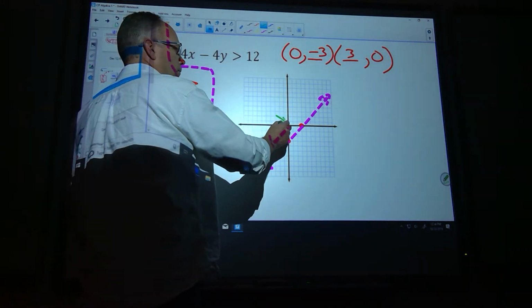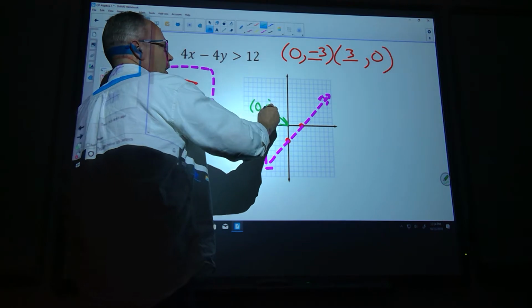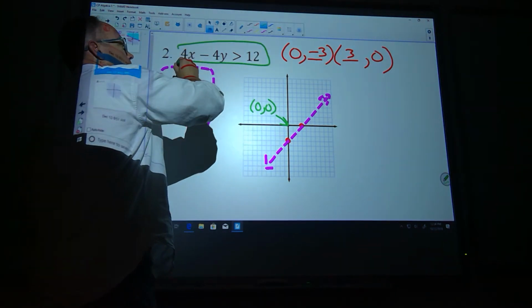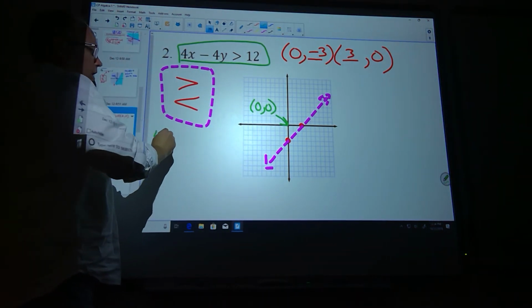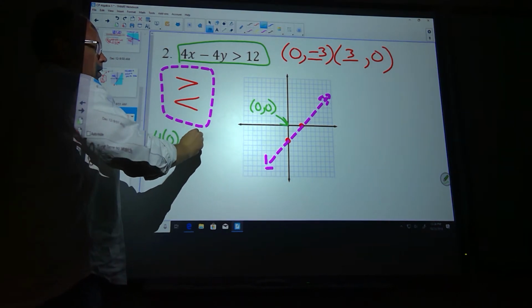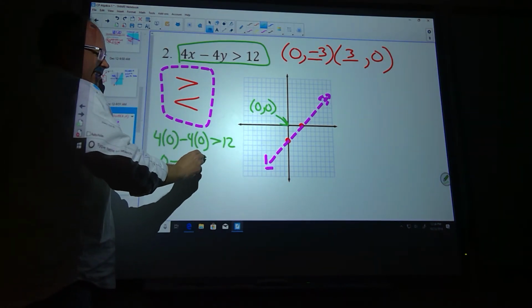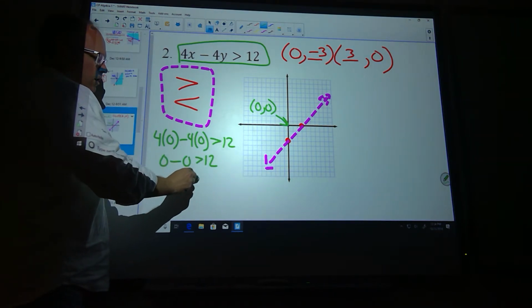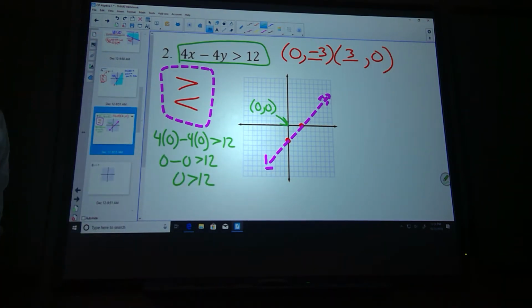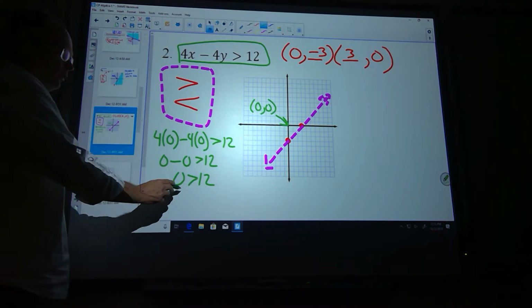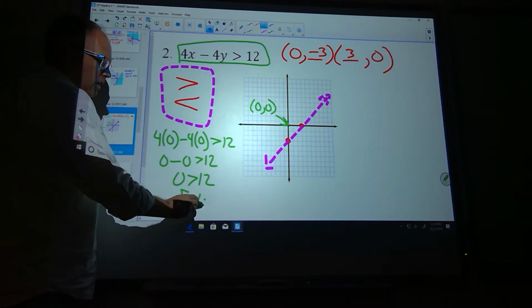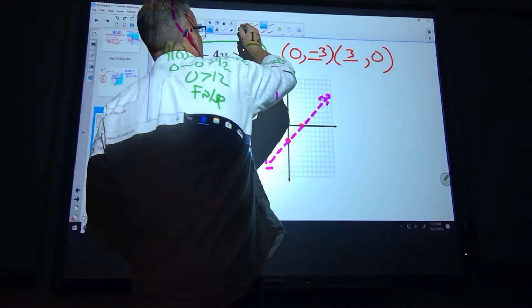Okay, so we're going to plug it in to here and see what happens. So I'm going to get 4 times 0 minus 4 times 0 is greater than 12. 0 minus 0, that's 0, right? Is 0 greater than 12? No, that's false. So I'm going to shade the other side of the line.